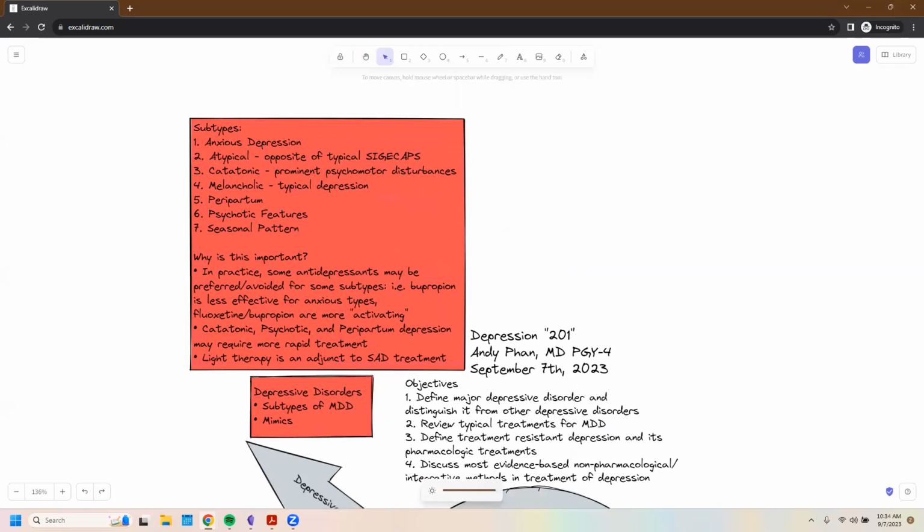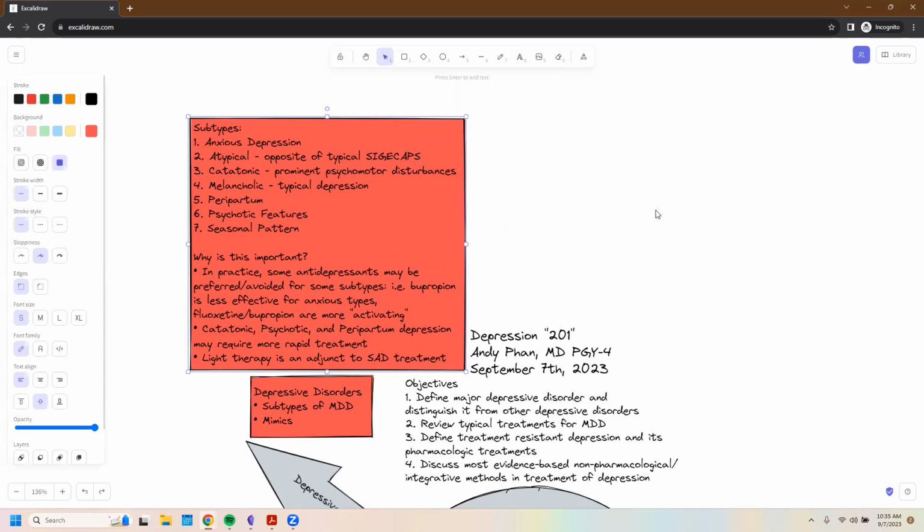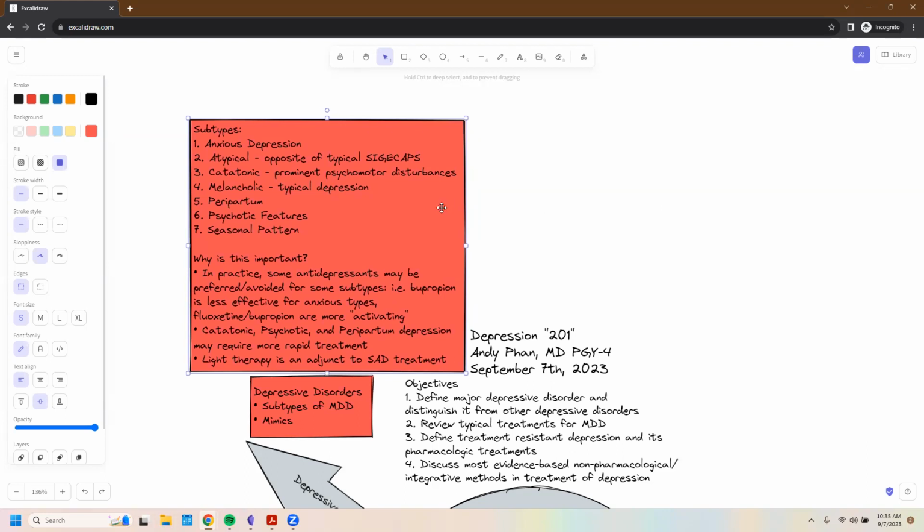There's some nitty gritty about which antidepressants are quote unquote activating versus more sedating. In general, they're typically all the same, except bupropion tends to be a little bit more anxiety provoking.